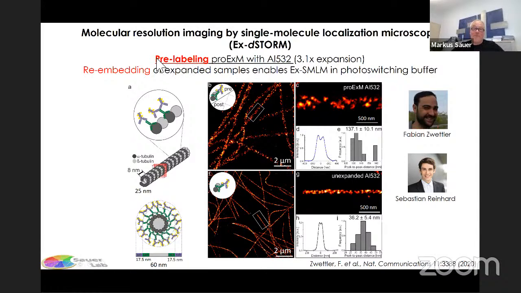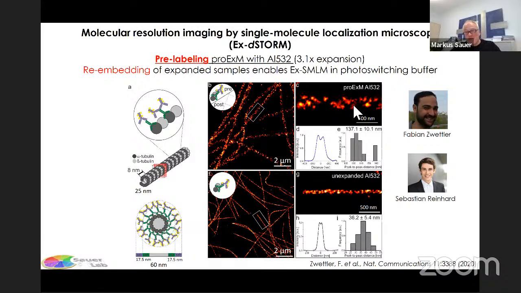If you do a pre-labeling, so you label before and then expand 3.1-fold, and then you re-embed the gel, this is, you polymerize the gel into a second non-charged polyacrylamide gel after expansion to stabilize the expanded gel, then your originally 4-fold expanded gel will shrink to about 3.1-fold, but this allows you then to add photoswitching buffer and to do d-STORM experiments of these 3.1-fold expanded microtubules.